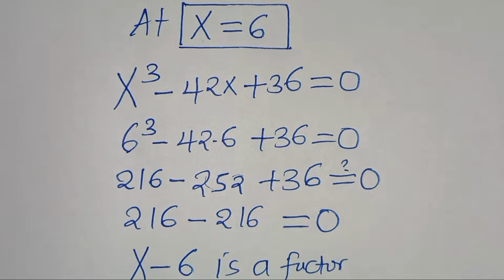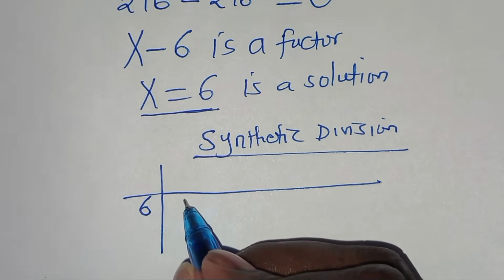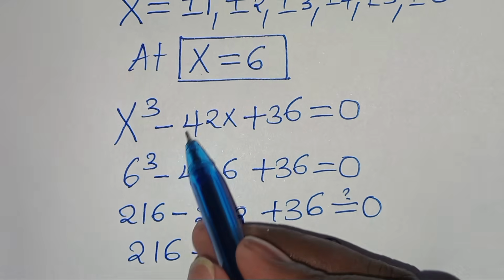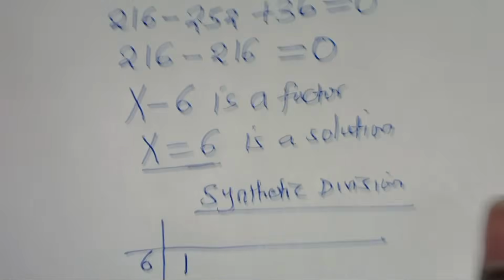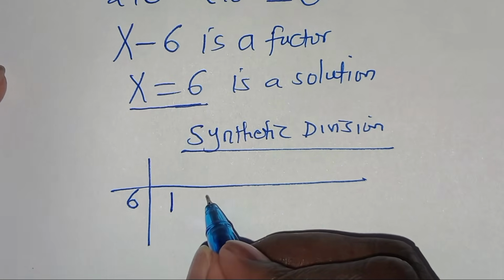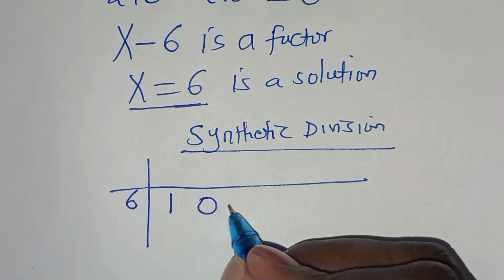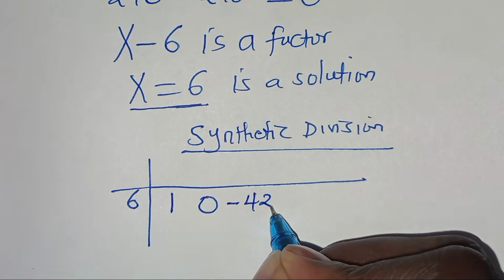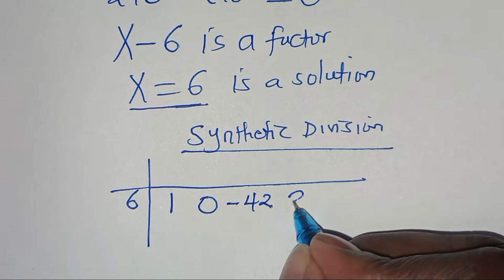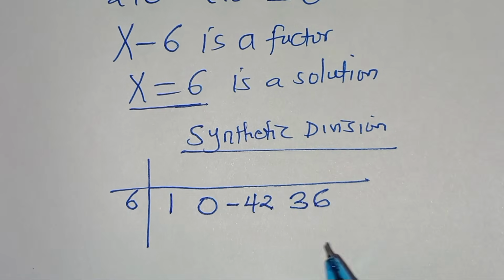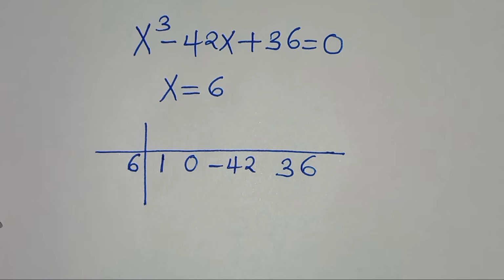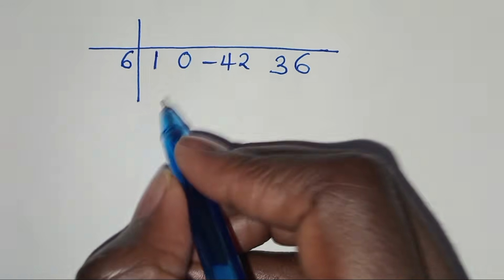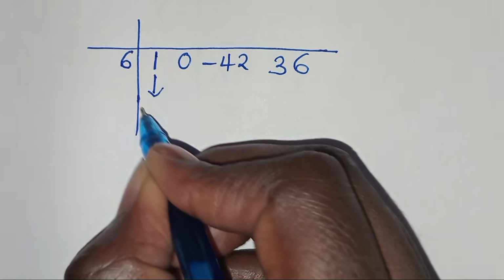So we have 1. There is no x squared here, so the coefficient is 0. Then the coefficient of x is minus 42. Then we have the constant, which is 36. Now using the synthetic division here, let's drop this 1 here.